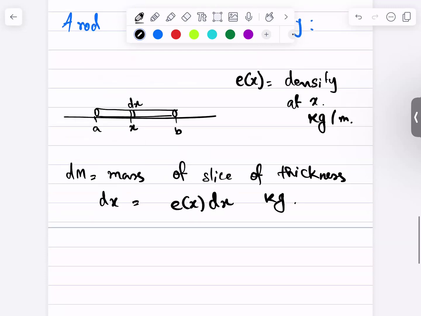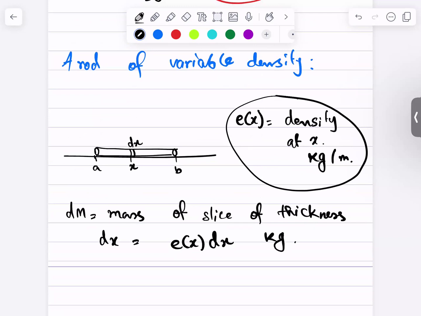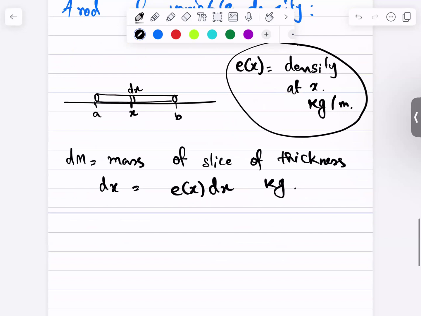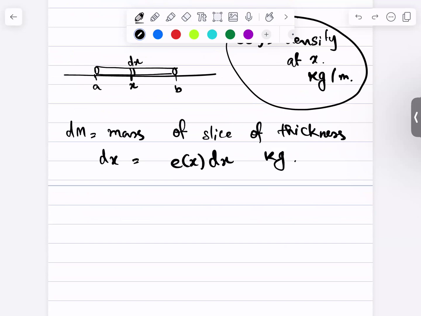Because rho x was the density of the rod at x, and the length is dx. So if I multiply with the length, then I'll have the mass of that small piece.